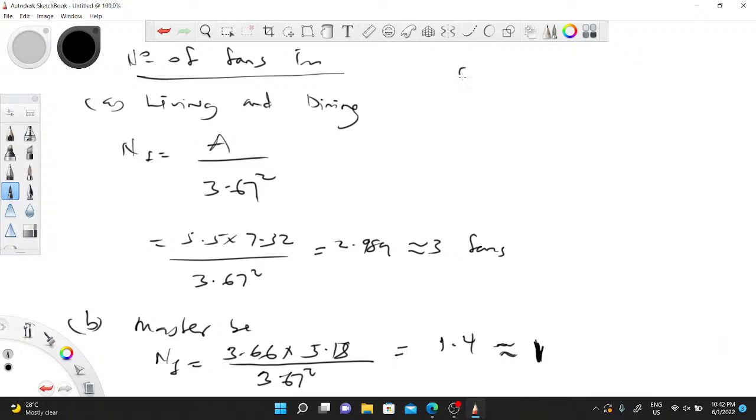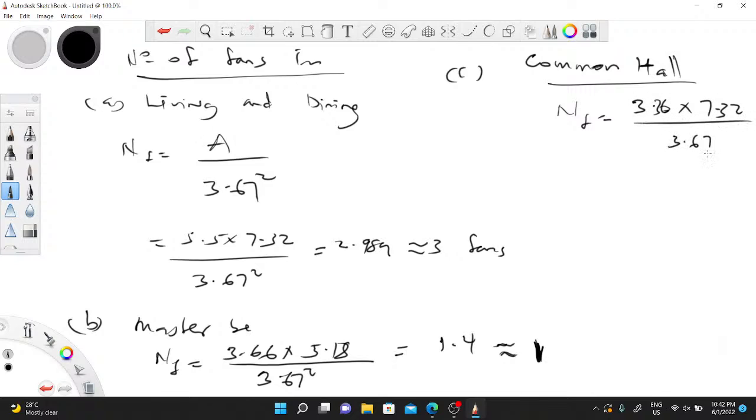Then C is for the common hall. The common hall has area 3.36 by 7.32 all over 3.67 squared. That will give us 3.95, so I need 4 fans in my common hall.